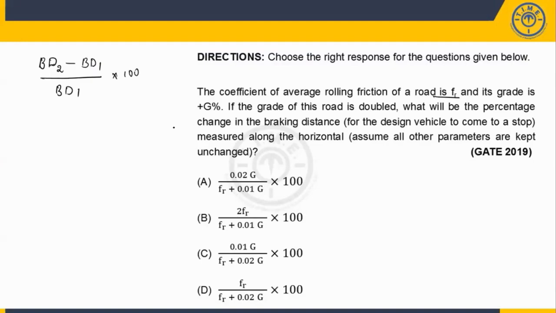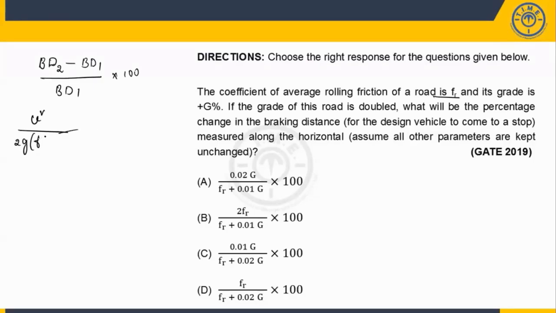Sir, BD2 is V square by g into F eta plus 2Z into F. Eta, efficiency, is it mentioned? It is 1, sir, not mentioned.